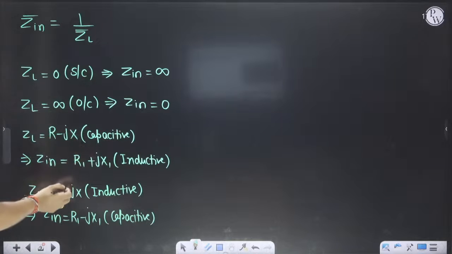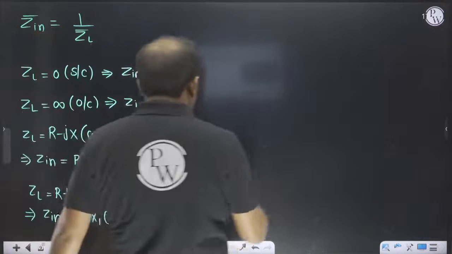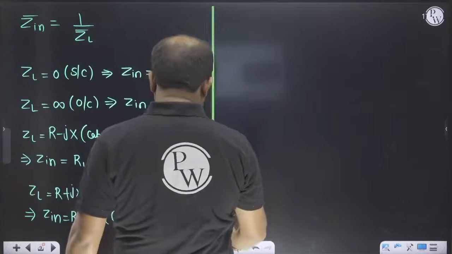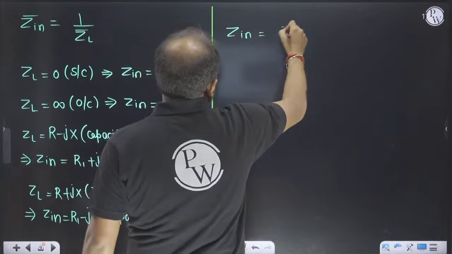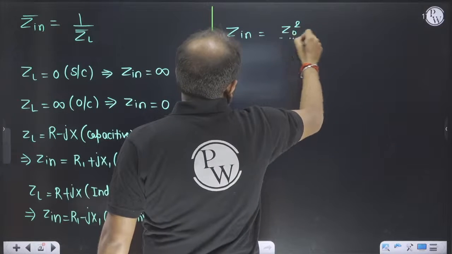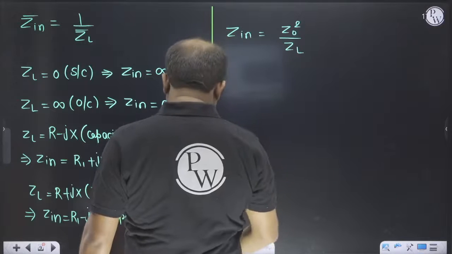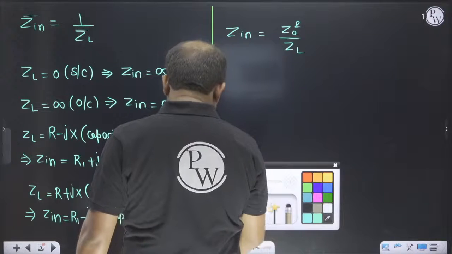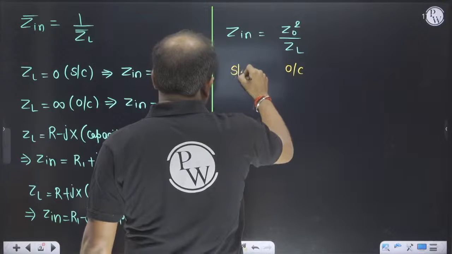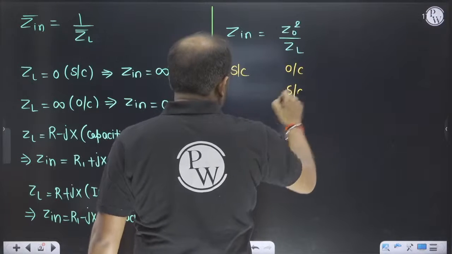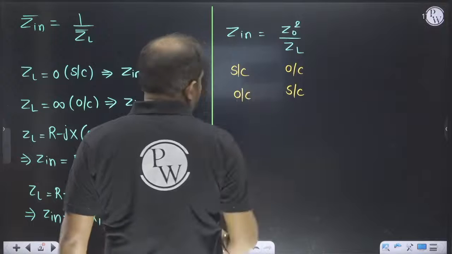Capacitive, inductive, inductive, capacitive. So we are getting impedance inversion. That means if this one is open circuit, this one will be short circuit. If this one is short circuit, this one will be open circuit.